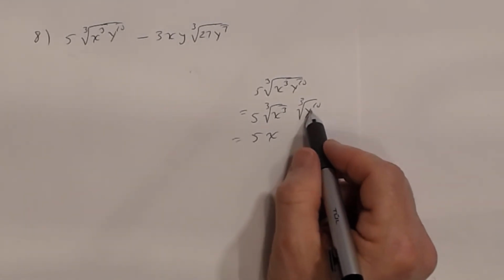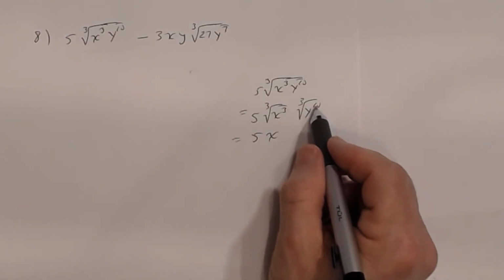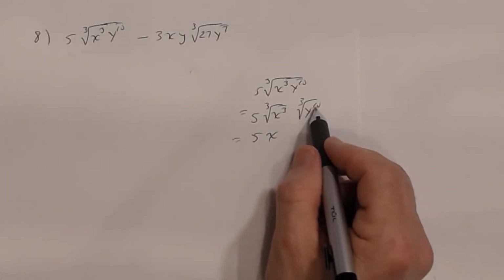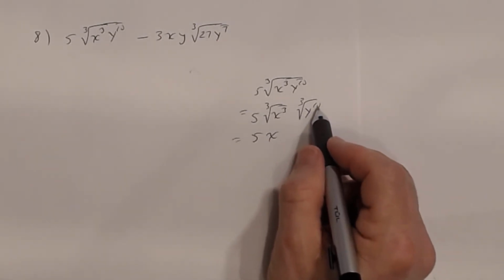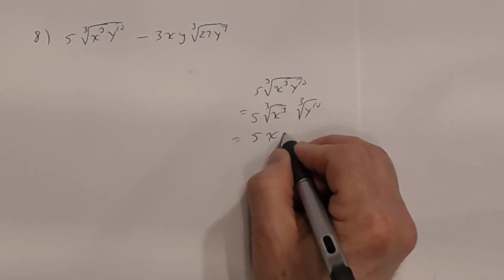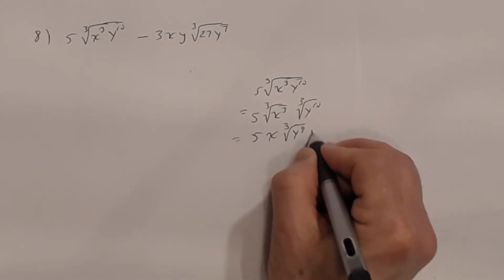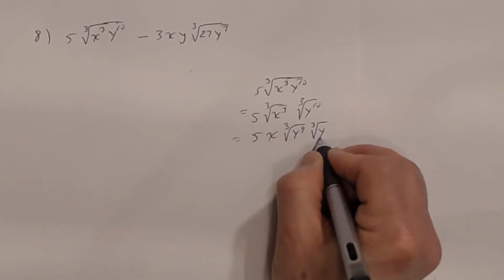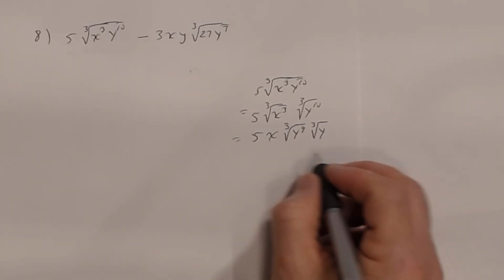Now let's look at this one. I can simplify the cube root of y to the 10th because 10 is greater than or equal to 3. But 10 is not divisible by 3. So you've got to ask yourself, what is the largest whole number less than 10 that's divisible by 3? And that is 9, right? So I can rewrite this as the cube root of y to the 9th times the cube root of y. 9 plus 1 is 10.